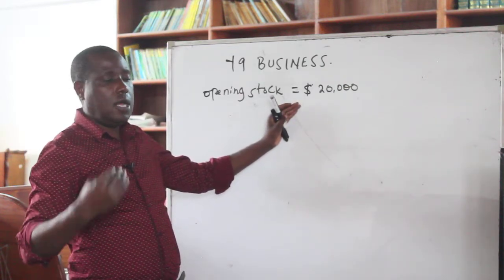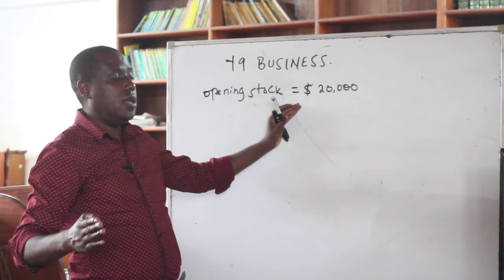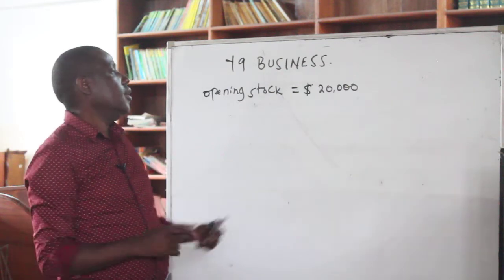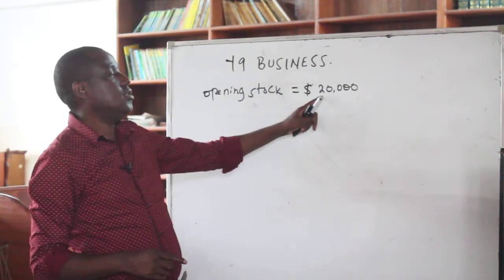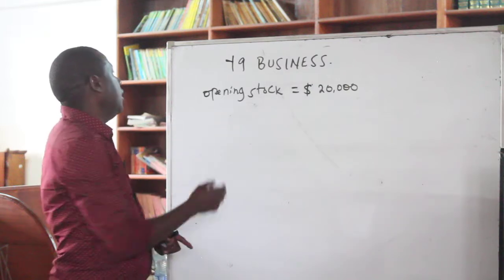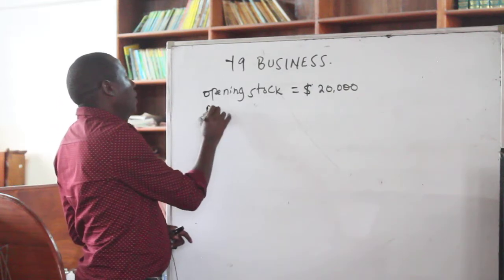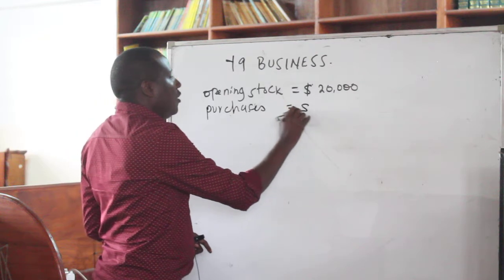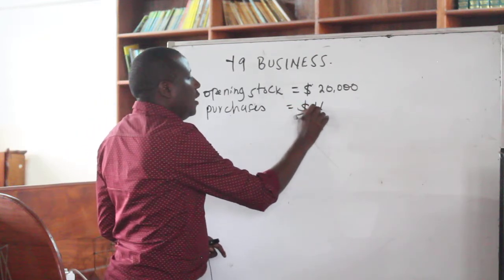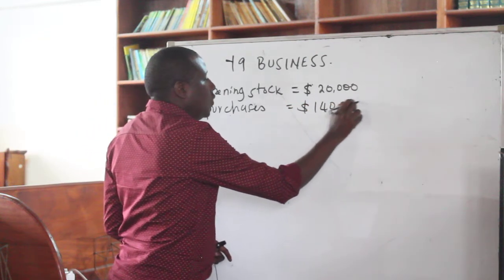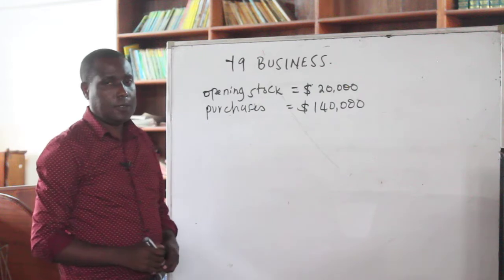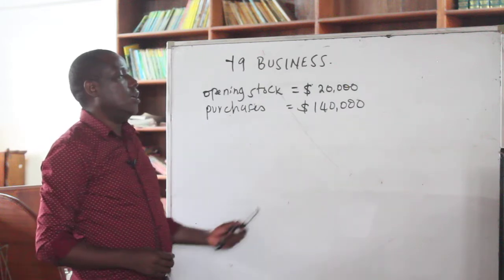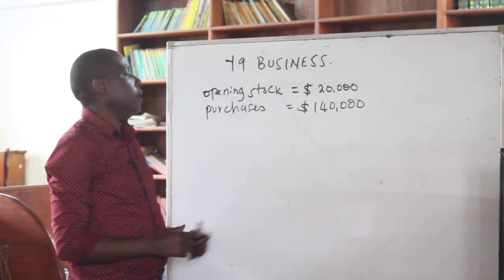Let's say monthly. Your trading period is 1 month. So on January 1st, this is what you have. Then you do purchases. You buy more goods worth $140,000. Right? That is what you have bought.